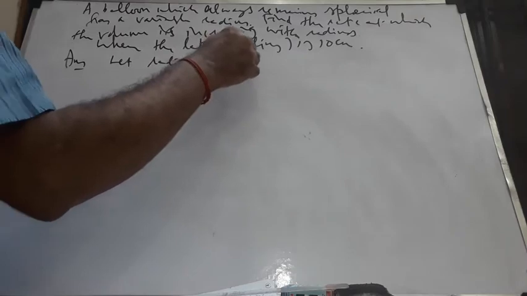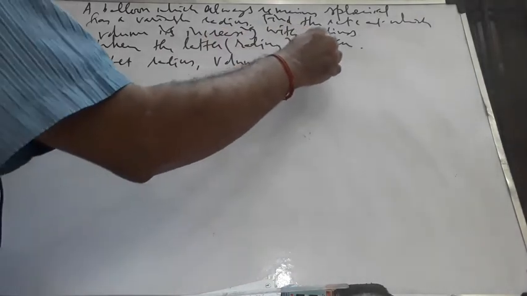Just listen. Let the radius, volume be r centimeters, v centimeter cube. Now, just listen carefully. V is equal to 4 by 3 pi r cube. This is the formula for volume of a sphere.